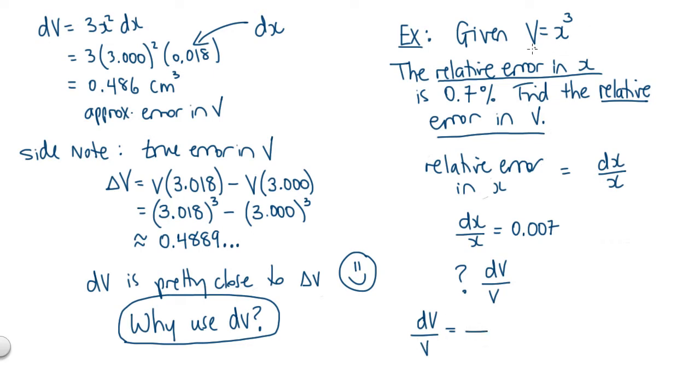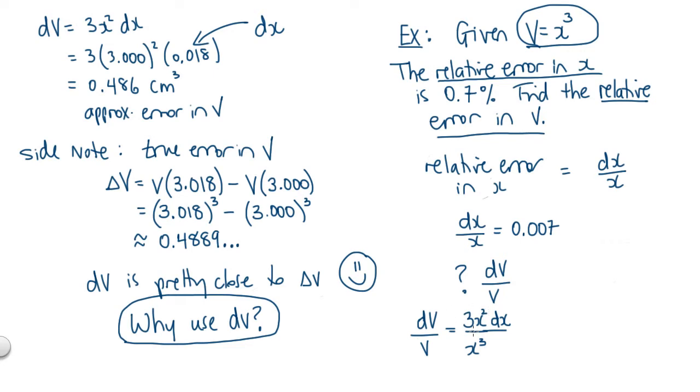Remember, V in our problem was given as x cubed, so we'll just throw that in the denominator here. And on top, we want the differential of V. So remember, the differential starts off looking just like your derivative. So it's like 3x squared, only we need a differential on the back here. So a differential always has to have a differential in its expression.